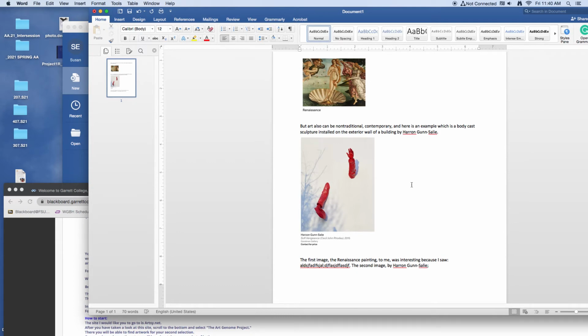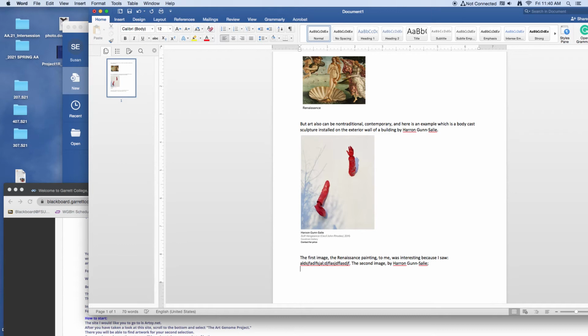The second image, to me, I love how bright that red is, the contrast against the wall. Stuff like that, okay? So what are these elements of art that I'm mentioning, for example? Mentioning specifically color, contrast, just in terms of my conversation, okay? And you have to put it into a sentence.